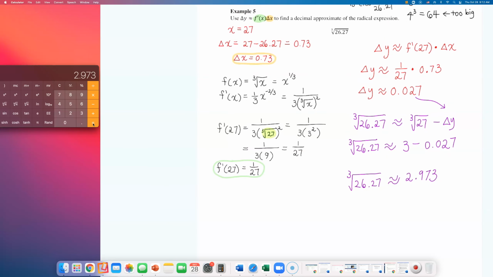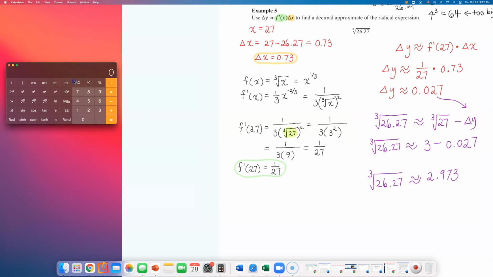So I don't know, is this correct? Let's check it. Let's see how close we got. If I type in 26.27 cube rooted in this calculator, it says it should be about 5.1254. So something doesn't seem right. Let me try one more time. I think I accidentally hit the square root button.